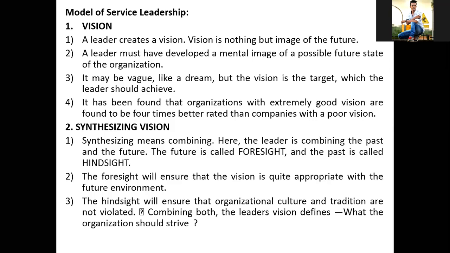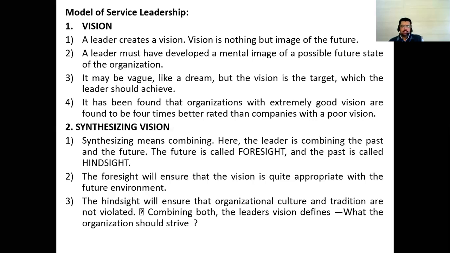The foresight will ensure that the vision is appropriate to the future environment. The hindsight will ensure that organization culture and traditions are not violated. Whatever the tradition and organization culture is, you don't have a right to violate that.